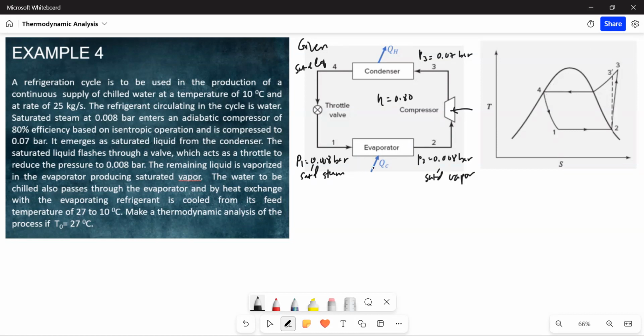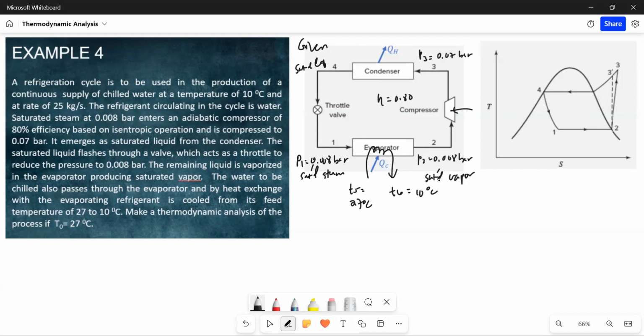There's an evaporator wherein water at 27 degrees Celsius enters and exits at 10 degrees Celsius.